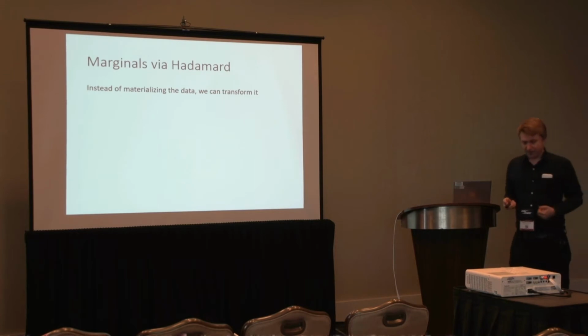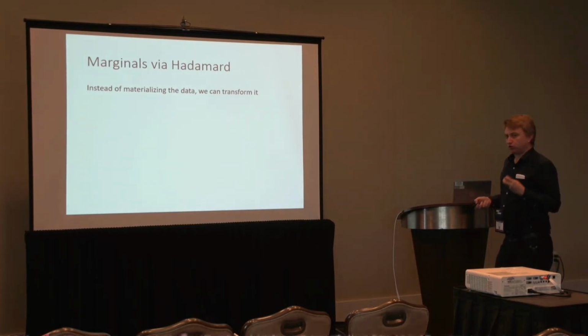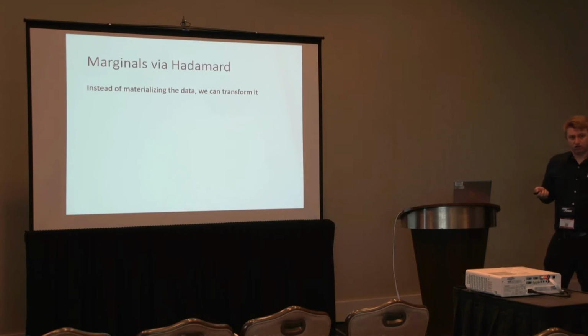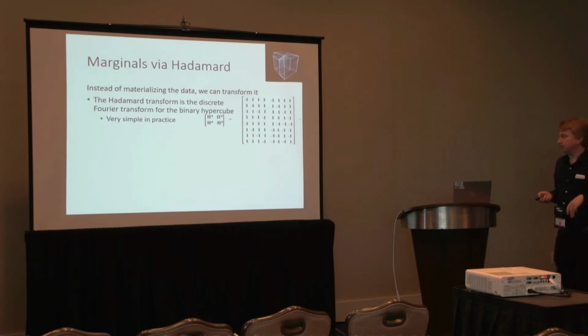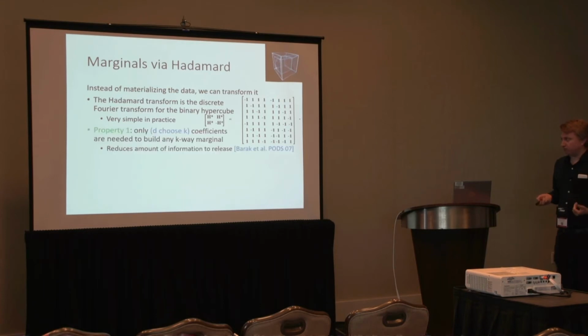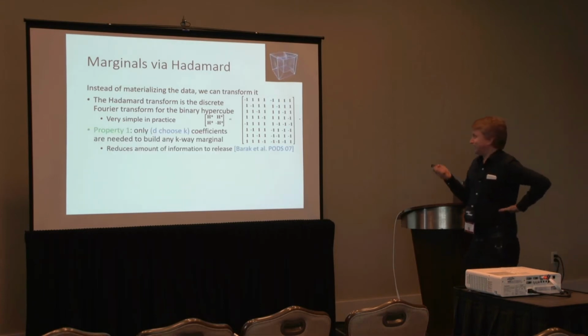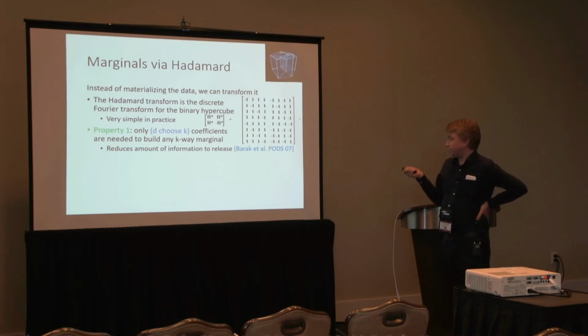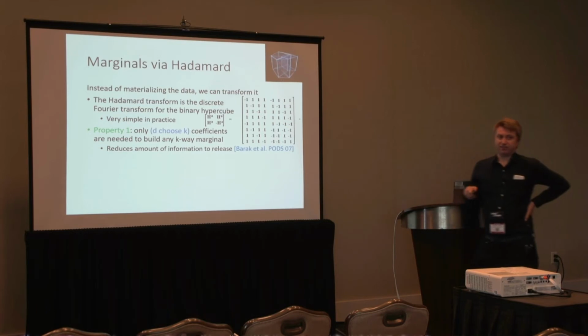What we ended up doing in the paper was looking at essentially frequency oracles on transformations of the data. We were looking at the Hadamard transformation of the data. And again, there's a long history of Hadamard in local differential privacy and actually Hadamard in centralized differential privacy.